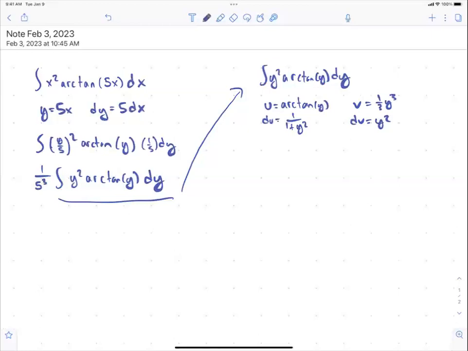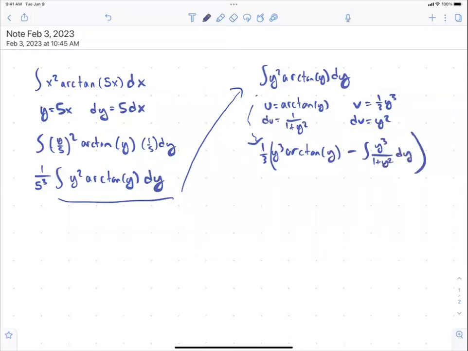Okay, so now when I do integration by parts, I get 1/3 y cubed arctangent of y. That's the u times v, minus the integral of, actually let me put this 1/3 all the way up front, because this 1/3 gets multiplied by everything, minus the integral of y cubed over 1 plus y squared dy.